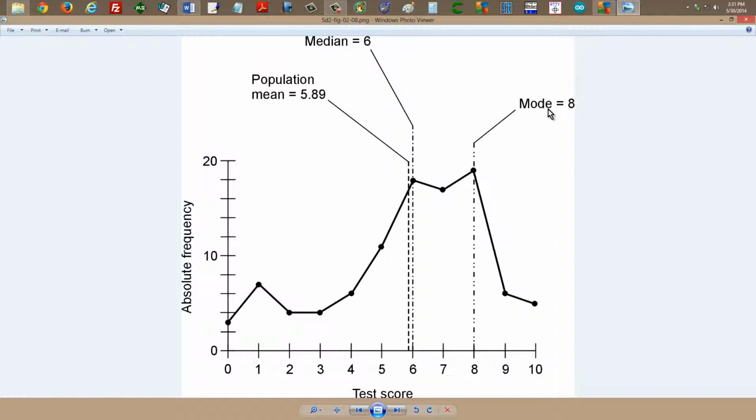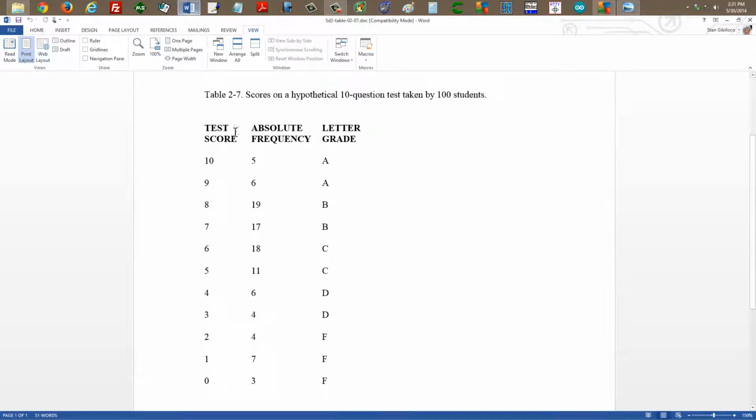It's possible in many instances that a statistical distribution might have more than one mode. It might be possible, for example, that 19 students also got 6 answers correct. If that would have happened, in this particular case, if one more student had gotten 6 and one less student had gotten 5 right, you'd have 2 modes.